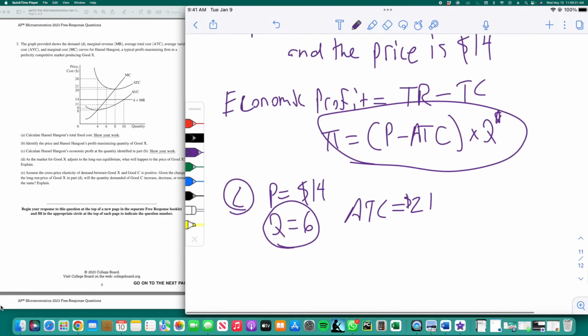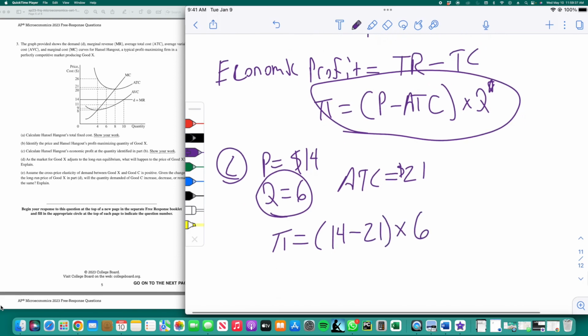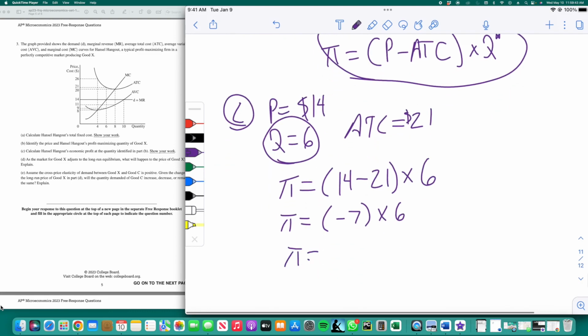So the formula for your answer would be 14 minus 21 times the quantity, which is 6. So profit equals negative 7 times 6. Profits equal negative 42. And that's your answer for C.